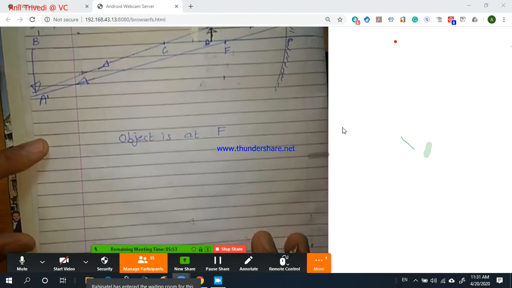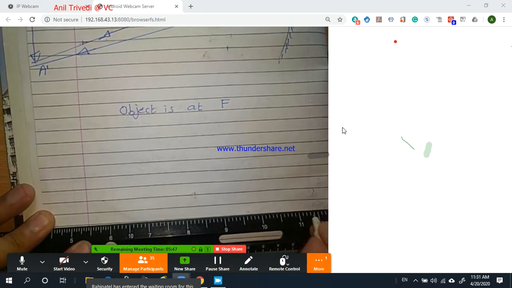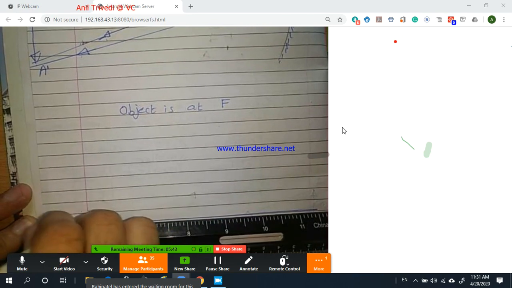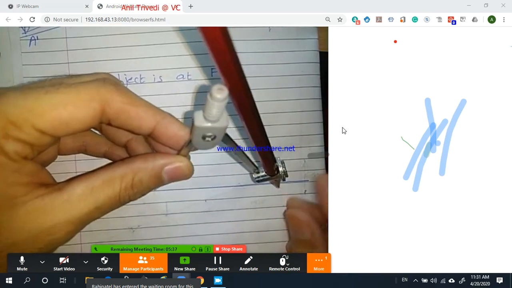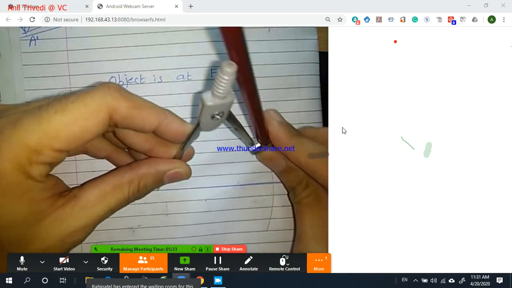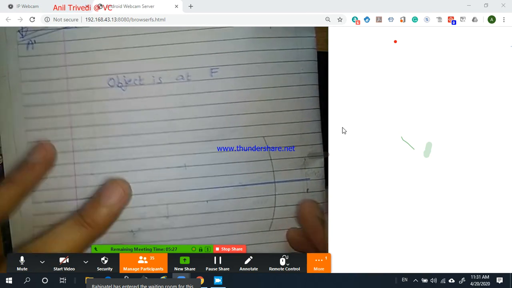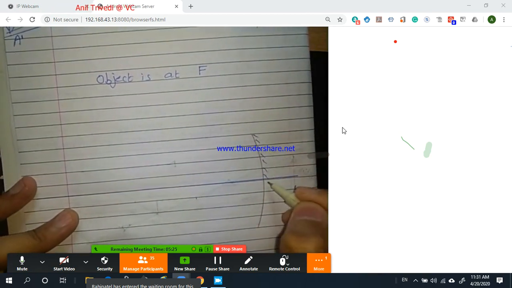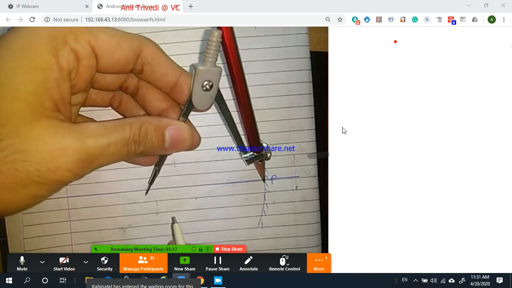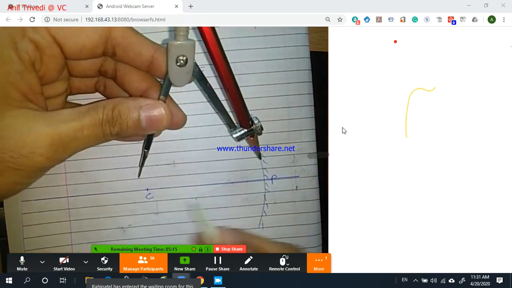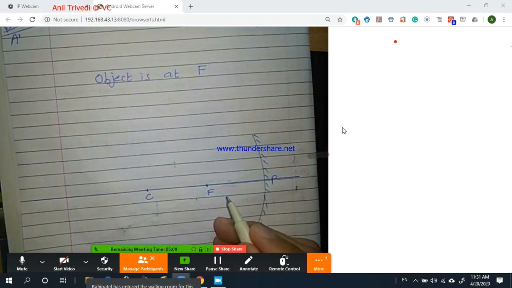Okay. So as usual, principal axis, pole, and where your pointer was here, this is C, and 4 centimeter there is F. Now where is the object here?